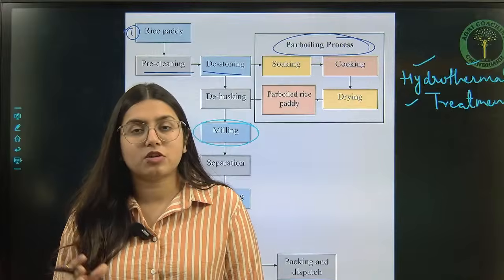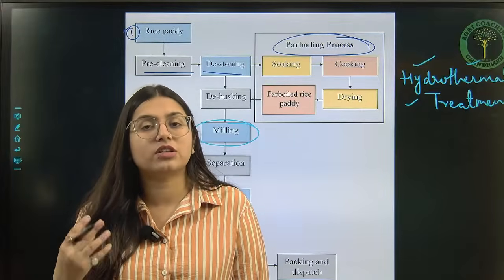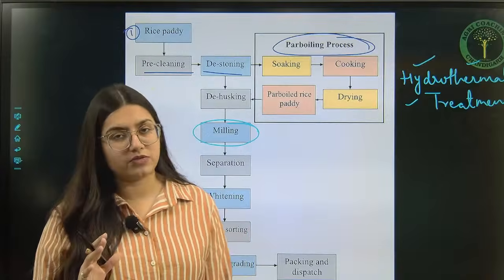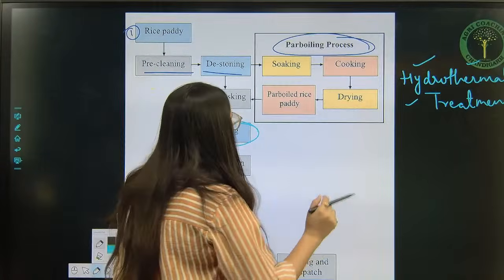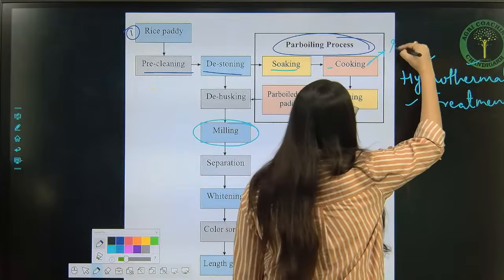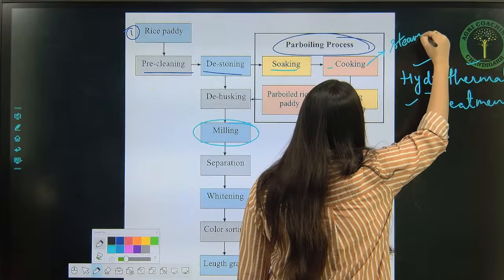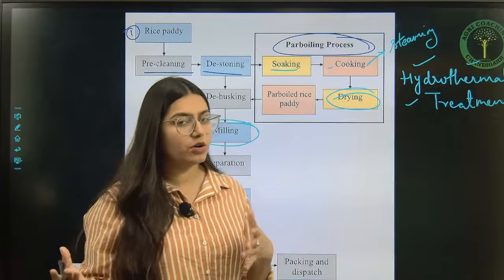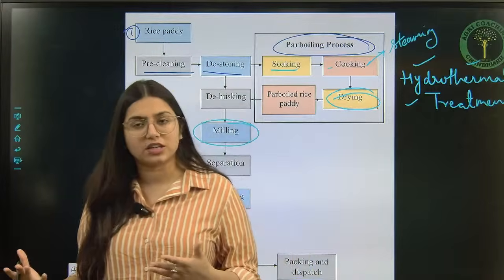So by the process of parboiling, we are conserving the vitamins and nutrients as well, specifically vitamin B12. And parboiling specifically includes soaking of the grains, cooking, which means steaming, and then drying. Then the parboiled rice paddy is ready for the further process.